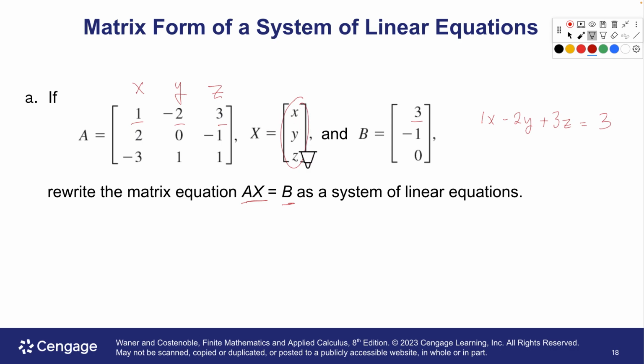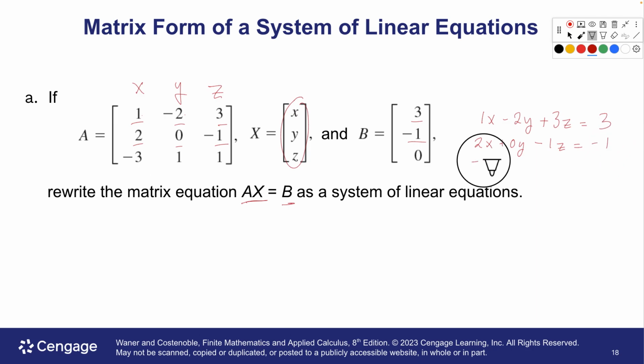And when we actually do the multiplication, this is x, y, and z. Second equation is going to be 2x plus 0y, which disappears. It won't show up. Minus 1z equals negative 1. So these are coefficients of the variables, and then these are what the equation is equal to.